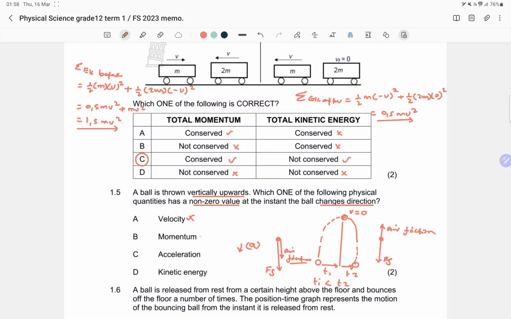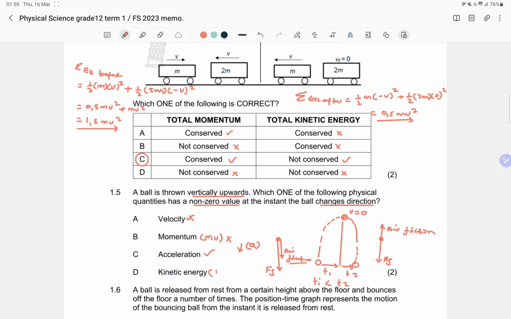Momentum, because we know momentum is the product of mass and velocity, and because velocity is 0 at the maximum height, therefore it is 0. Acceleration is non-zero because we are decelerating even though we're changing direction, and the reason we're changing direction is because of acceleration. But this time we're not talking about g per se.